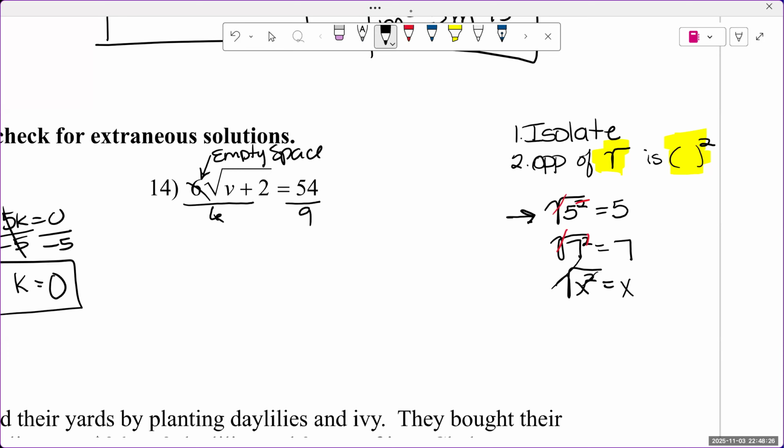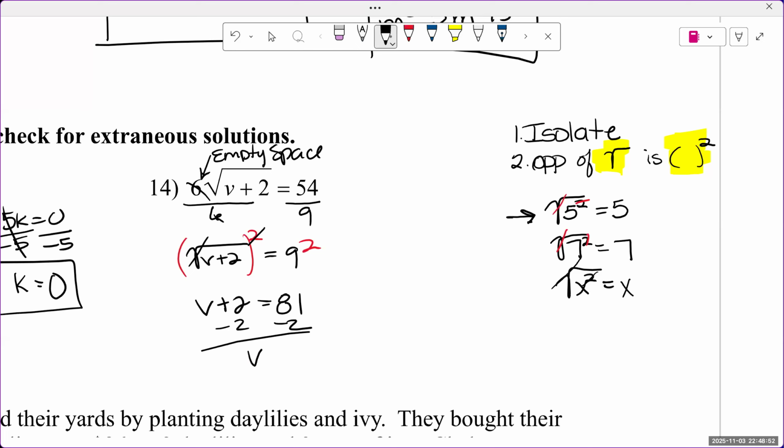So we're dividing by 6. Okay, the opposite of square root is squared. The square root cancels the squared. V plus 2 equals 81. Subtract 2. V equals 79.